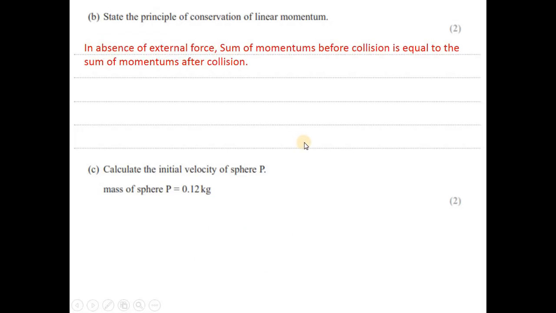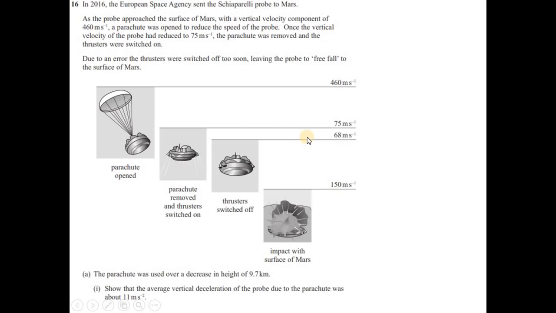Question number 16. In 2016, the European Space Agency sent a probe to Mars. I don't know how to pronounce the name.